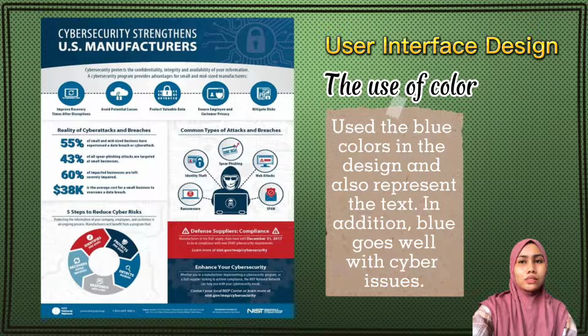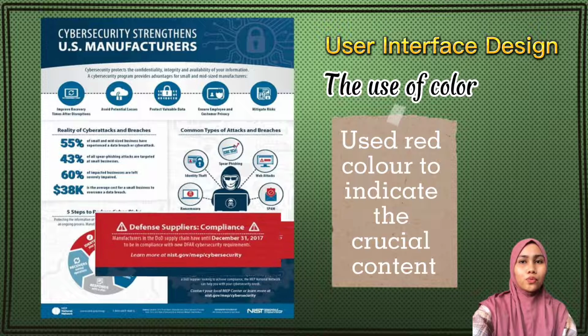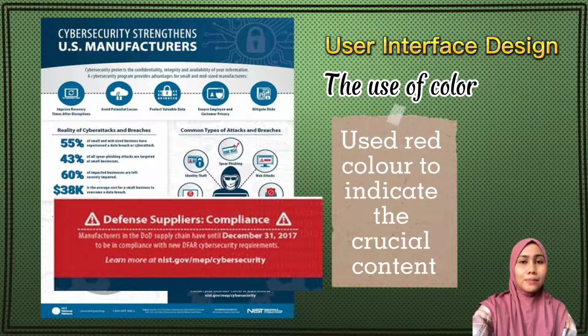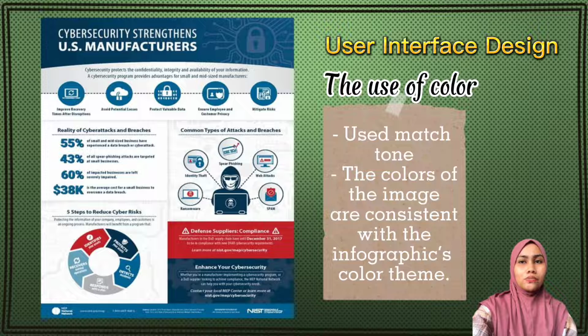Blue goes well with cyber issues. In addition, the infographic uses red for warning terms. Besides, illustrations in the infographic use mesh tones like blue and white. The colors on the images are consistent with the infographic's color theme.